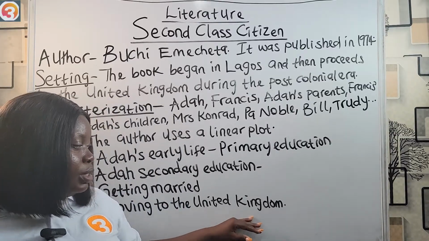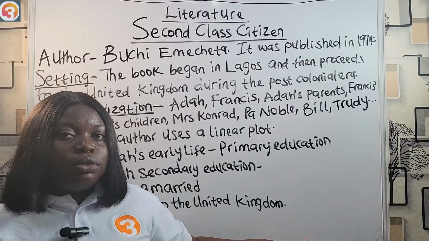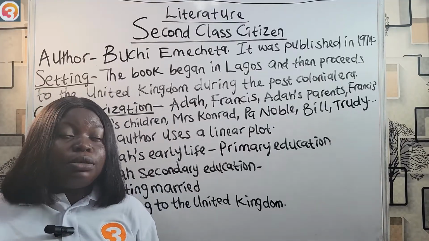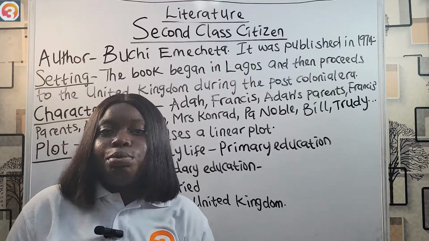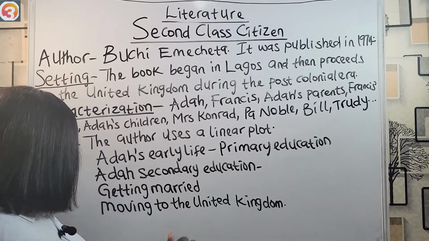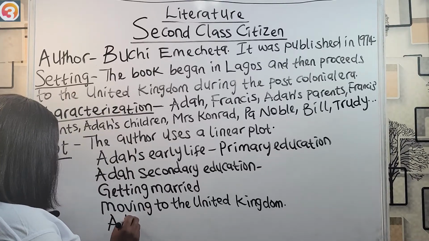So from there, we see Ada struggling, her troubles with getting pregnant with other children, her troubles with Francis, and then ultimately the dissolution of their marriage.